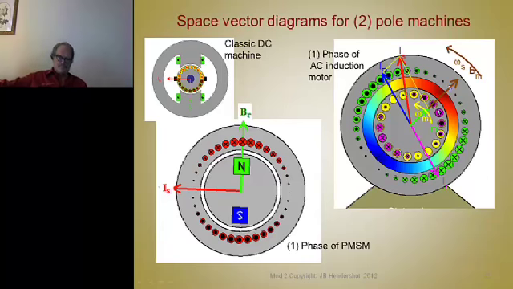But what's interesting about this is that there has to be slip. In other words, this represents the speed of the rotation of the electric field in the stator, the same way the field rotated in the brushless machine. That's the synchronous speed of the stator.